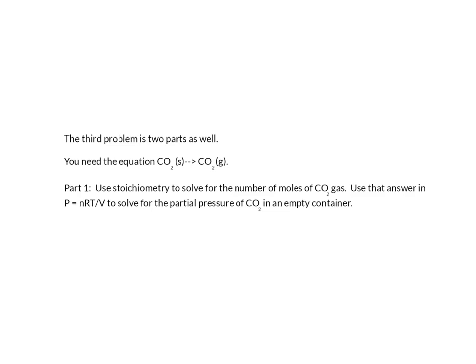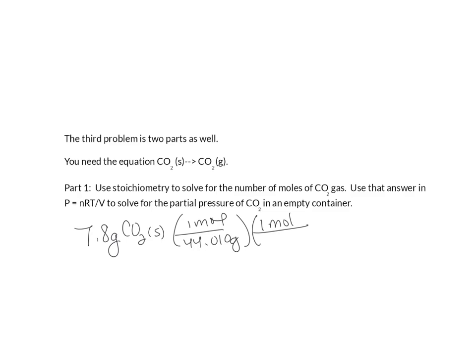So how you're going to approach this first part is you're going to take your 7.8 grams of CO2, and that's your solid technically, and you're going to change it to moles, and then you have to change from the solid technically to the gas, and that is going to give you the moles of CO2 gas.